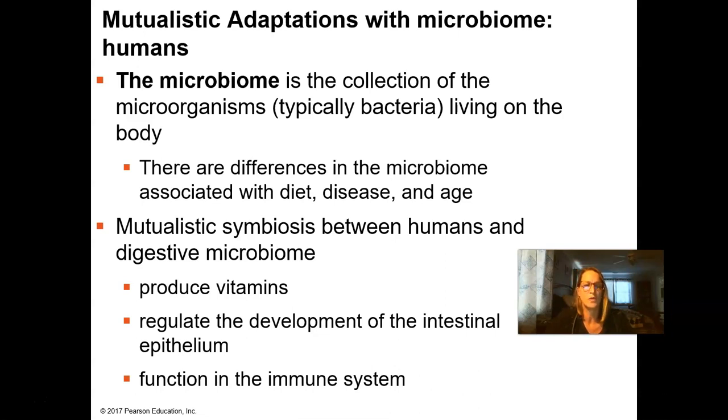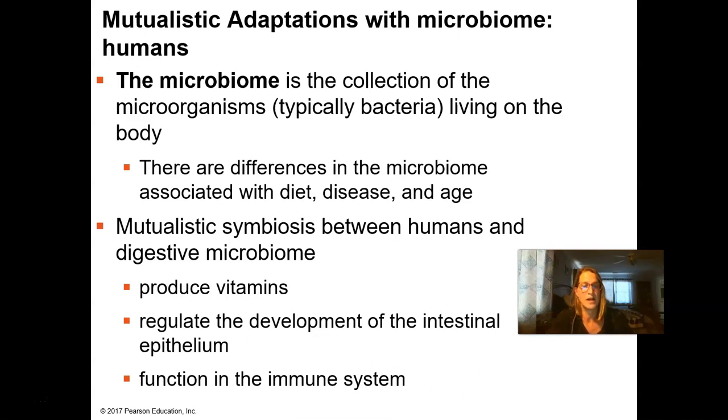We know that we have some mutualistic relationships between our bodies and our microbiome. For example, and some of these we've already mentioned, some of the bacteria in our gut can produce vitamins, which we need to complete our nutrition. Okay, so they produce vitamins for us that we don't have to get from our food.